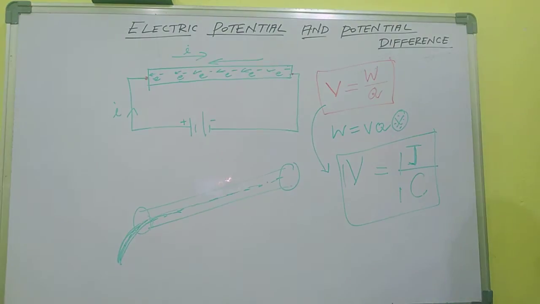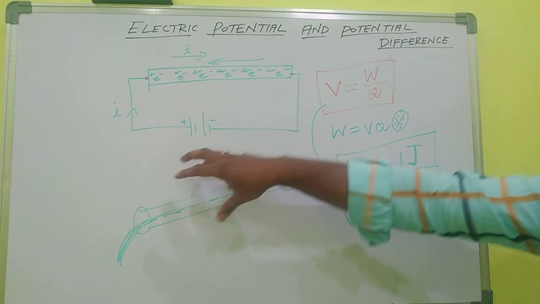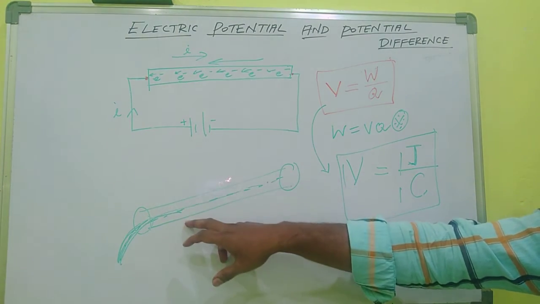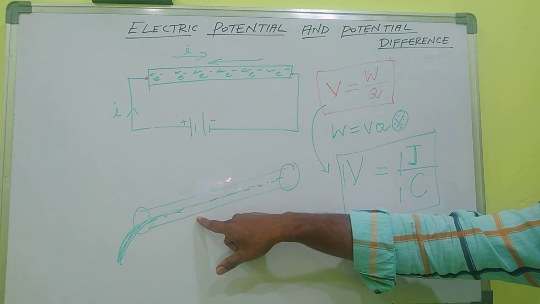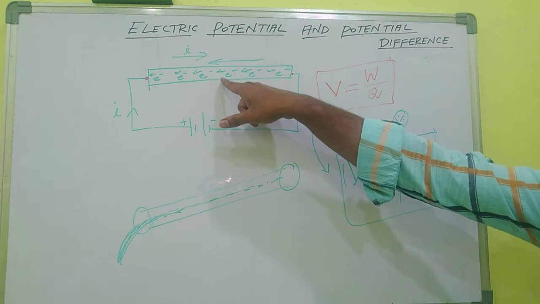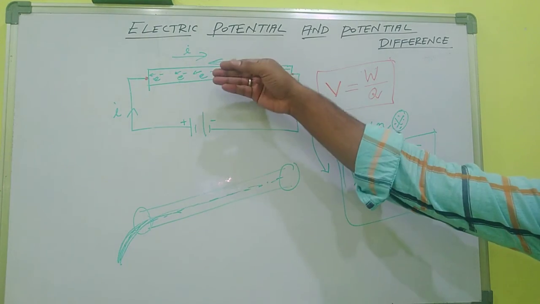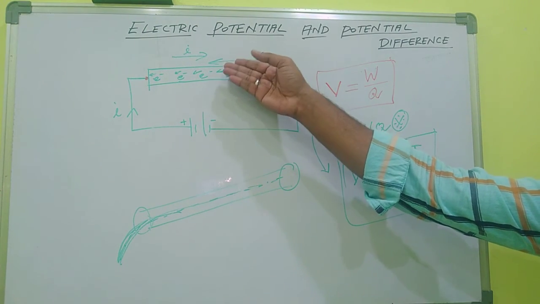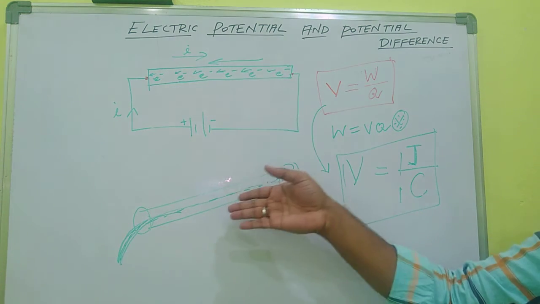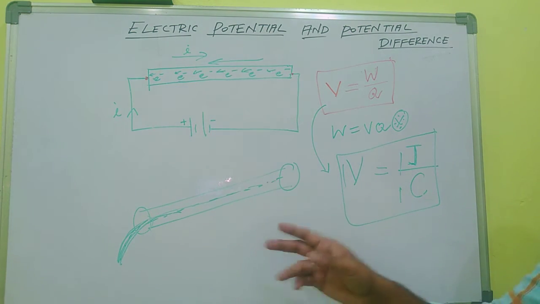So what are electric potential and electric potential difference? This is an example. The flow of water is due to gravitational potential difference, and here the flow of electrons is due to electric potential difference. But the concepts are the same. Here water is moving, here electrons are moving. Why is water moving? Because of the gravitational potential difference.